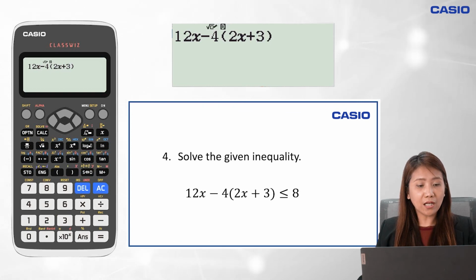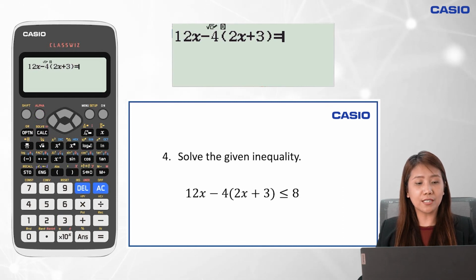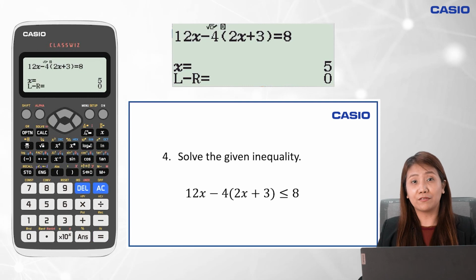We press alpha calc for the equal sign, and key in the second side of the equation, which is 8. We press shift calc, followed by an equal sign. That will give us a 5. The answer is x is less than or equal to 5.